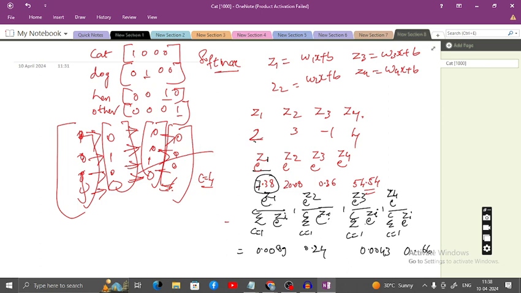So e power z1 divided by the summation of e power zi. For the summation, c is equal to 2 means Z1 plus Z2, here Z3 means the two previous ones you have to add, and here Z4, with c running from 1 to 4.